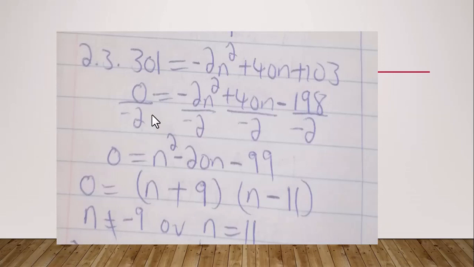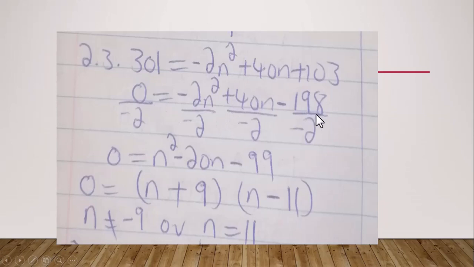So 301 equals -2n squared plus 40n plus 103. And then you just take this value to the other side. You will have 103 minus 301, which will give you -198. And because there's nothing left on this side, you just say you have a 0.